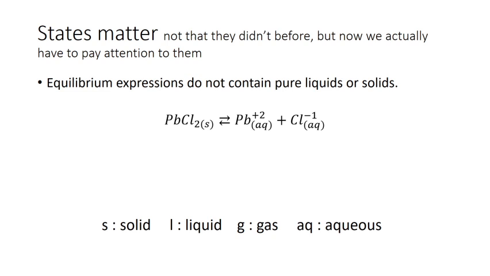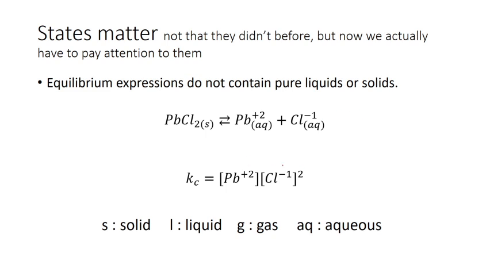So, for example, if we have this sort of situation where we are dissolving lead chloride in water to form an aqueous solution of lead ions and chloride ions, when we go to write an equilibrium expression for this dissolution of lead chloride in water, we write it as this.